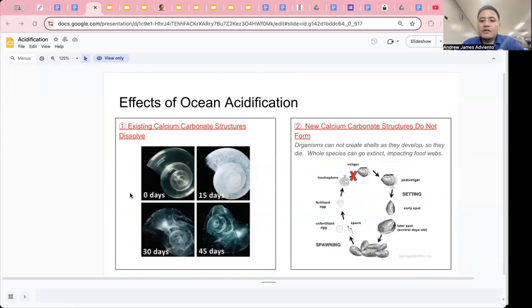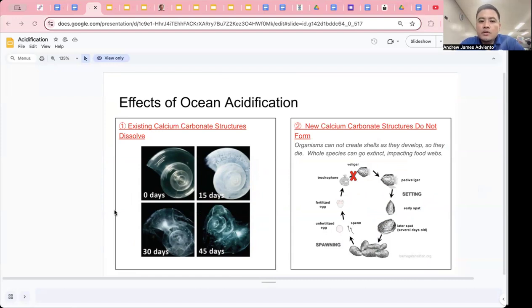Now let's go to the effects of ocean acidification. The impacts of ocean acidification are already visible. Number one, existing calcium carbonate structures start to dissolve, corals become weaker and break more easily, and shellfish struggle to maintain their shells.